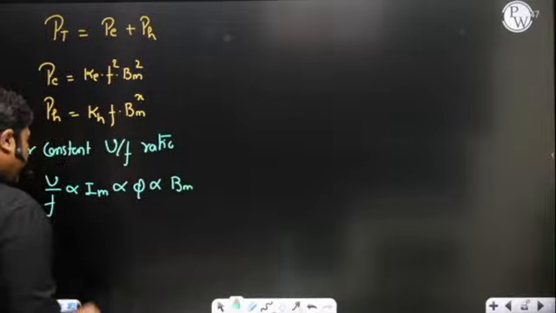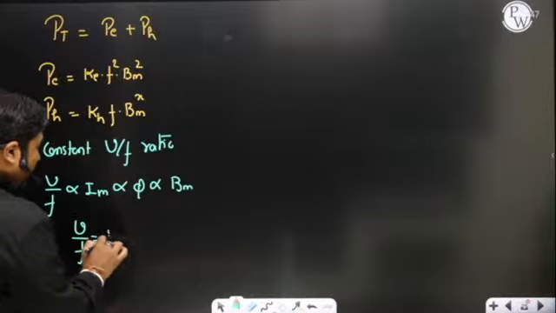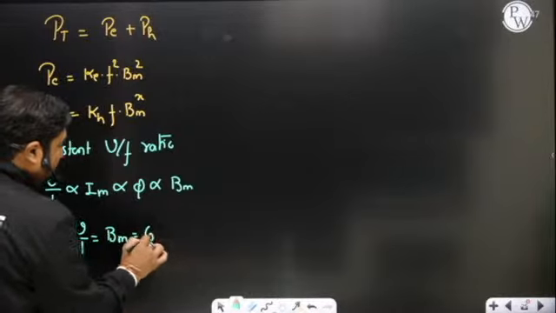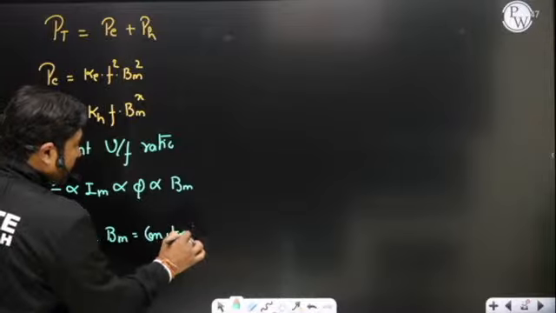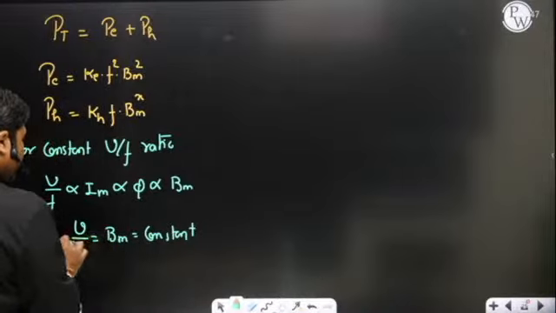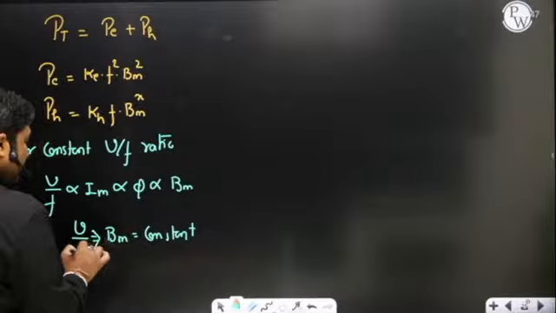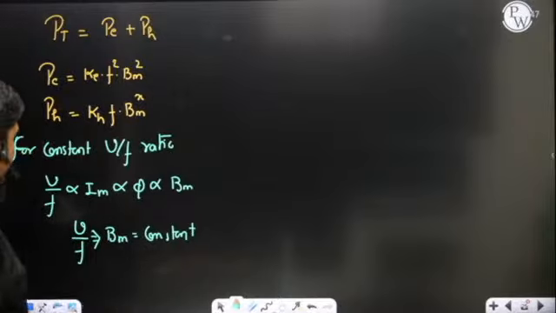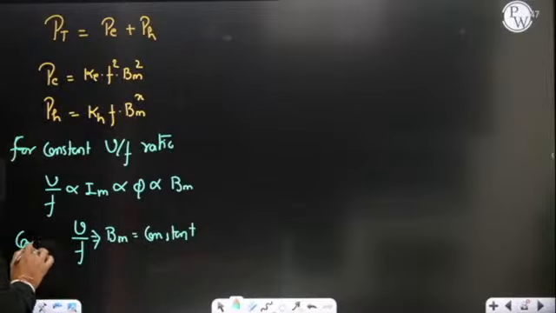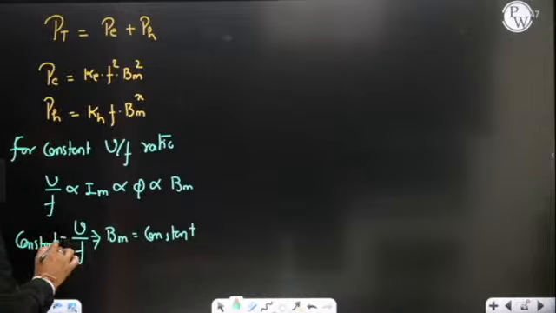So if the V by F ratio is constant, Bm is constant. Constant V by F ratio indicates constant Bm.